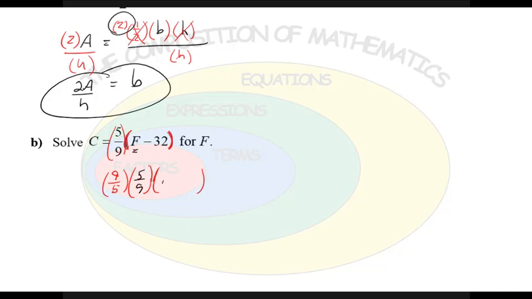Okay, just filling in the rest of this. So if I multiply the right side by 9/5, the 5/9 factor will cancel. All of this will cancel.